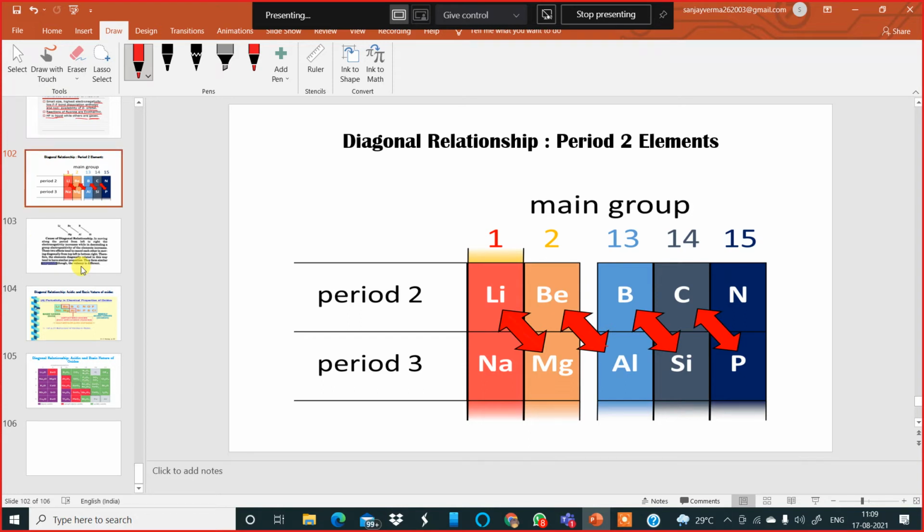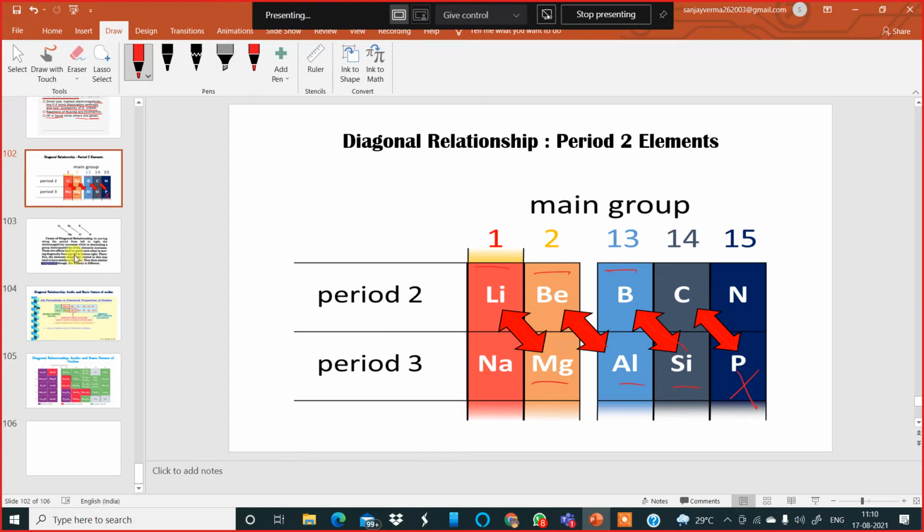Beryllium and aluminum also, boron and silicon also, carbon and phosphorus not so prominent, but it is possible. So basically, remember these pairs: lithium-magnesium, beryllium-aluminum, and boron-silicon. These elements of the second period, which are diagonally placed with the period 3 elements magnesium, aluminum, silicon, are said to exhibit a diagonal relationship, and they have similar properties.